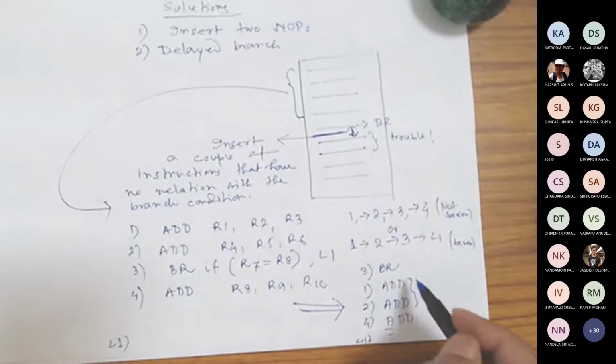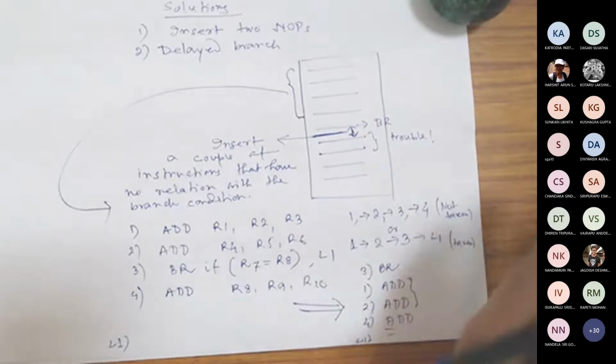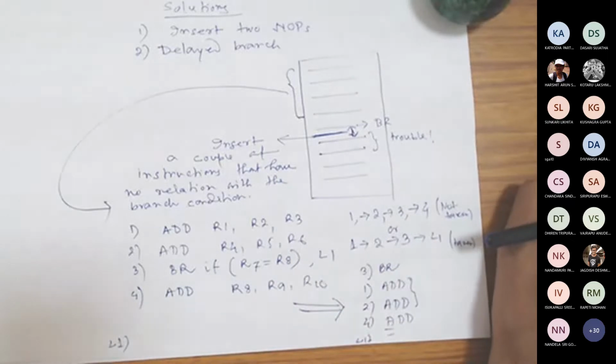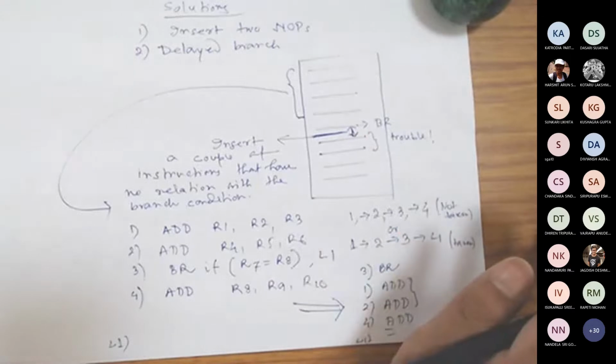So if we can't find any solution, it's not necessary that you will always be able to pick two such instructions which are capable of handling the situation. If you don't find it, just insert NOP. If you find it, good.